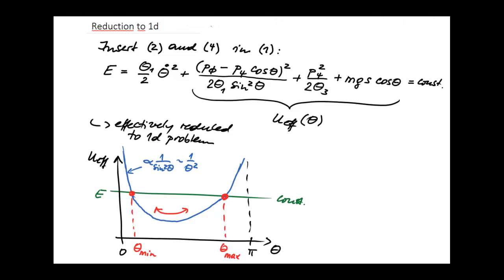At any angle in between this range, say here, this difference here is just the kinetic energy at that point. So that's theta 1 over 2 theta dot squared. So at the turning points, the kinetic energy vanishes. Theta dot is 0, and then the system turns around and goes to the other side.